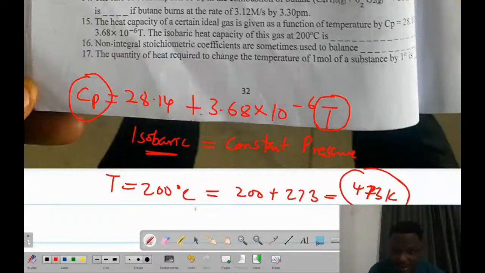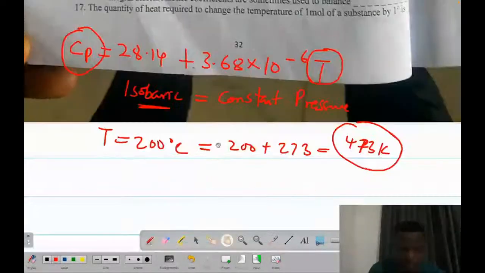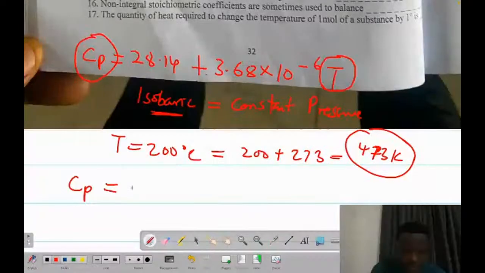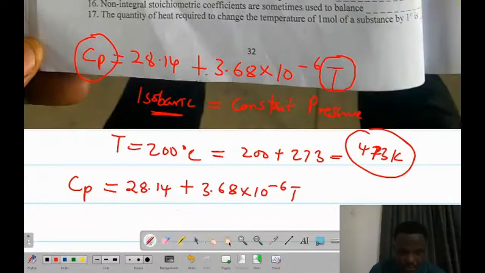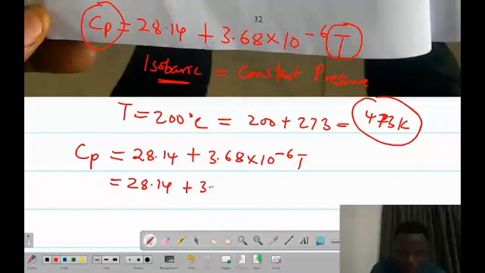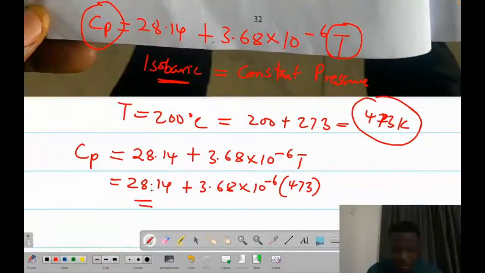Cp will now be equal to 28.14 plus 3.68 times 10 raised to the power of minus 6 T. Anywhere I see this, I'll put 473. Please press your calculator and evaluate that.